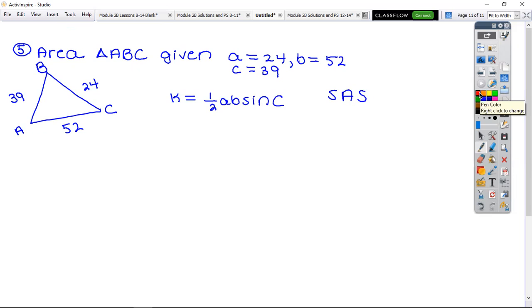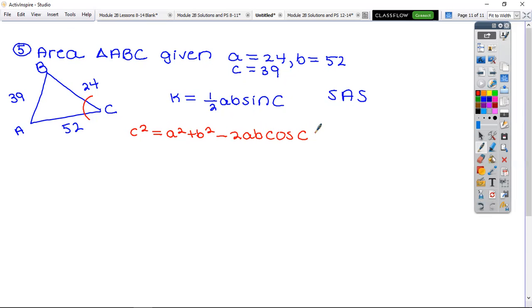Now, in order to find one of the angles, let's keep it exact. Let's find angle C. What rule would I have to use? Cosines. Yep. And I would have to find C. So I would start with c squared is equal to a squared plus b squared minus 2ab cos C. And the reason I wanted you to practice this is a law of cosines where you plug in the left.